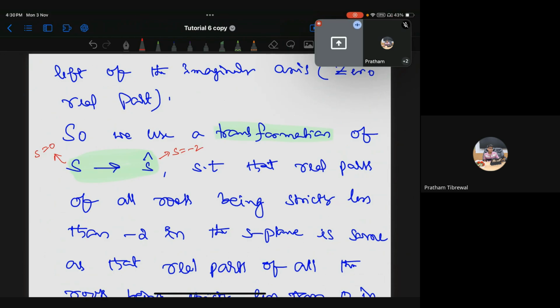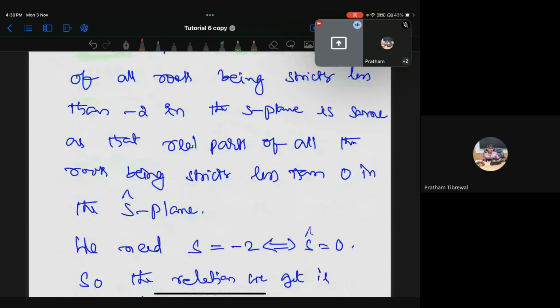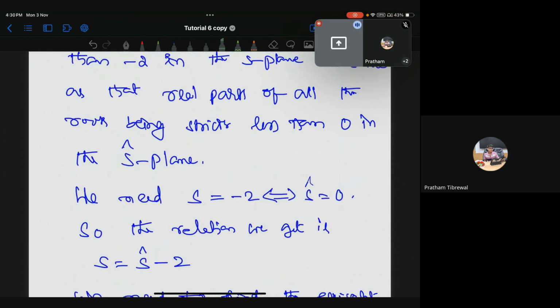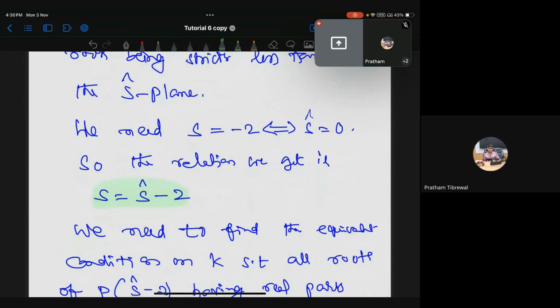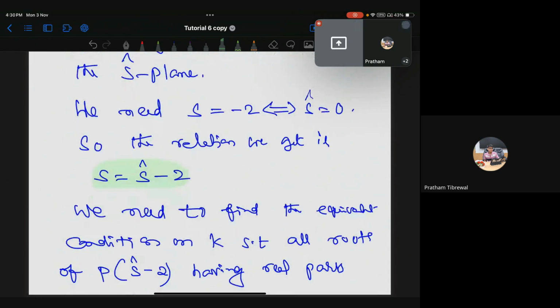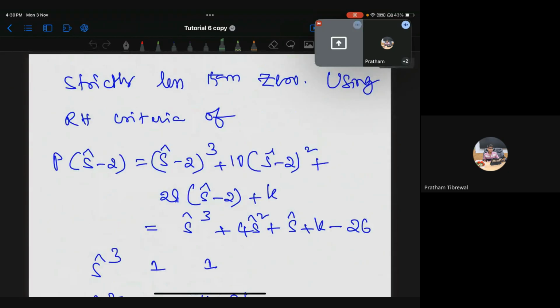Simply, we substitute s equal to s cap minus 2. So in P of s, we substitute s cap minus 2, then we get this expression.